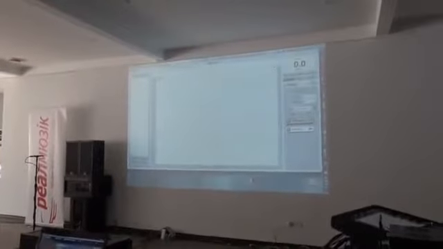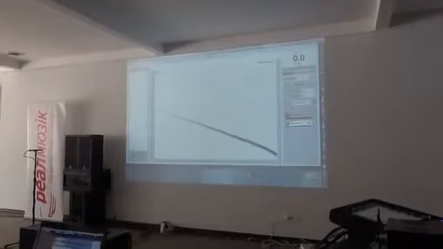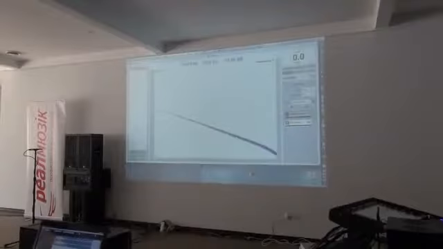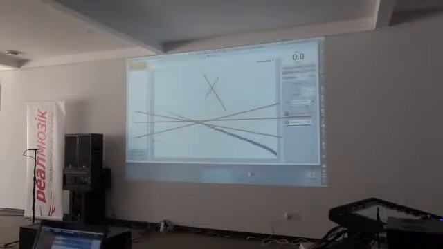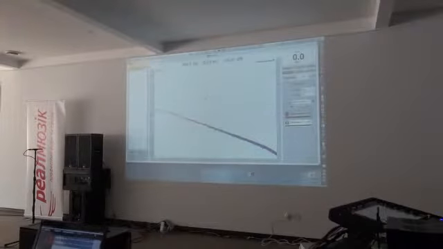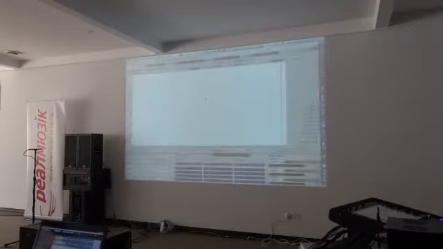Right now we can say that the fast Fourier transform is not good for displaying complex signals. But the real-time analyzer is good for displaying complex signals.